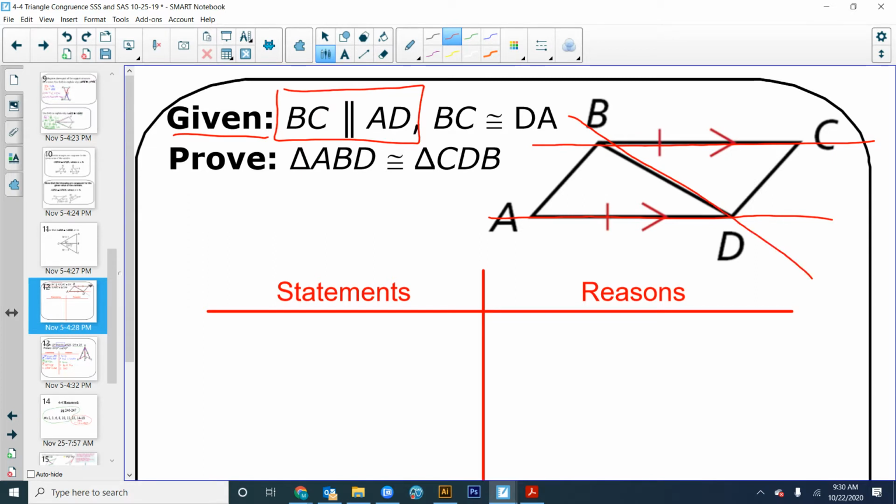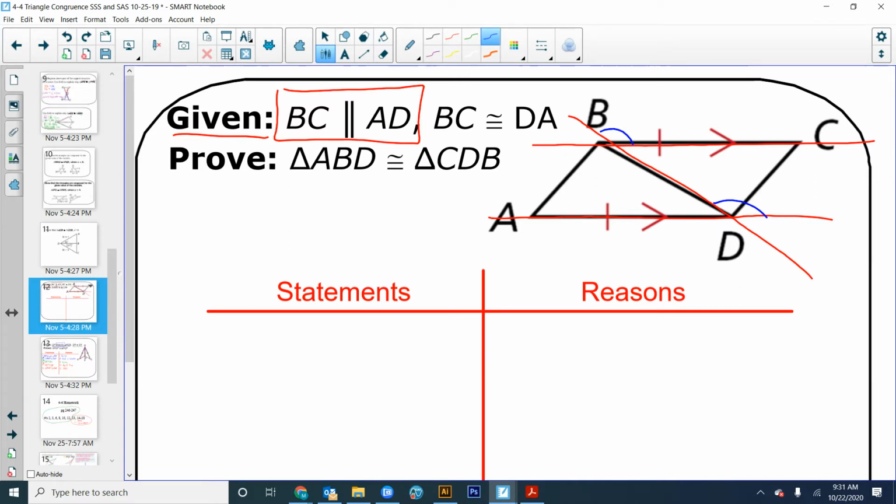Oh, if the lines are parallel, then corresponding angles are congruent. Well, guess what? We're not going to use corresponding angles. Why? Well, look, that's outside of the triangle. You wouldn't ever use corresponding angles to prove triangles are congruent if the angles are outside the triangle, would you?